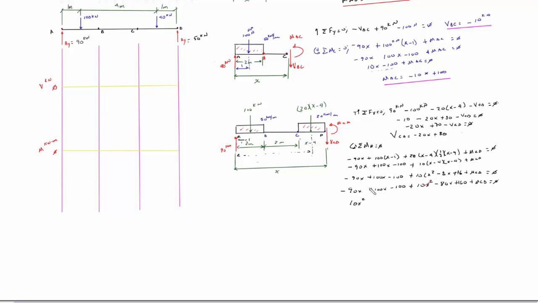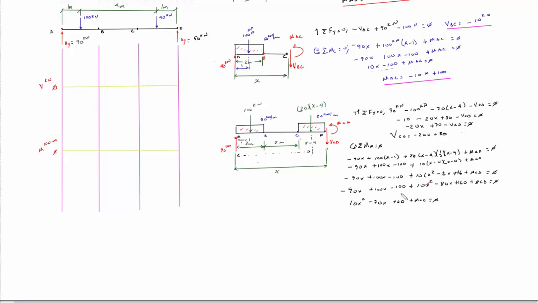So I got negative 90, I've got 100, I've got negative 80. So I'm going to have negative 70x, and then I'm going to have negative 100 plus 160. So I'm going to have plus 60 plus moment from C to D is all equal to 0.